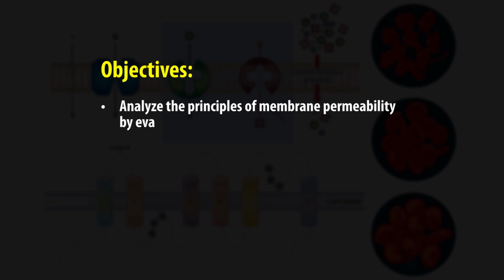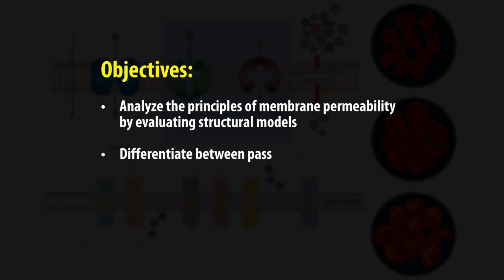learning objectives. First one is to analyze the principles of membrane permeability by evaluating structural models. Next is to differentiate between passive and active transport mechanisms.